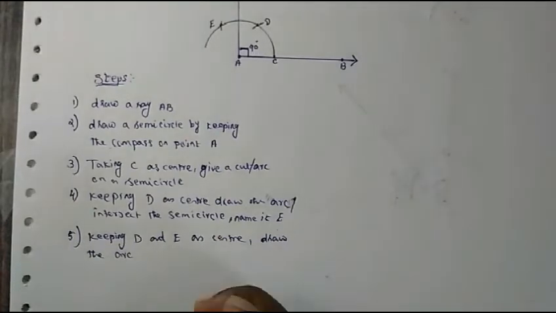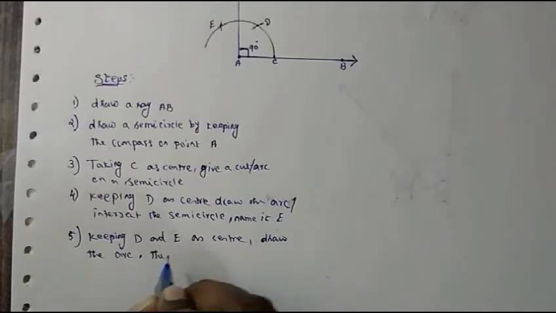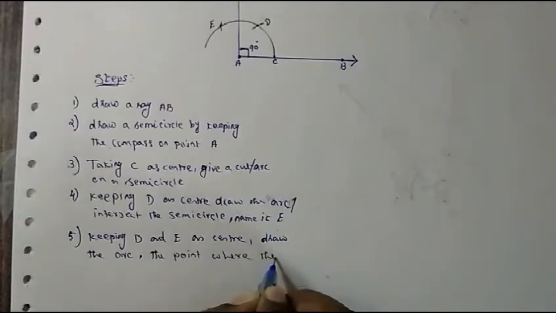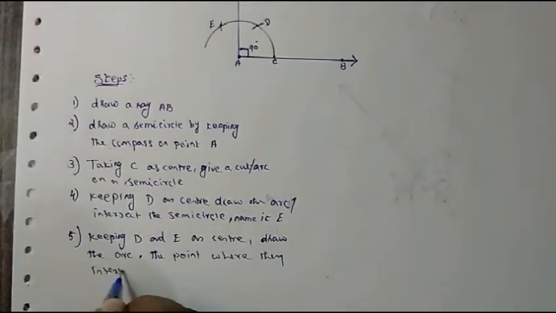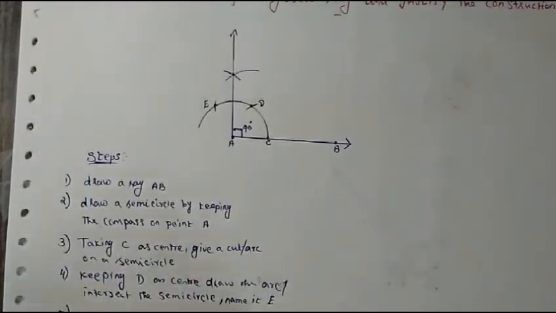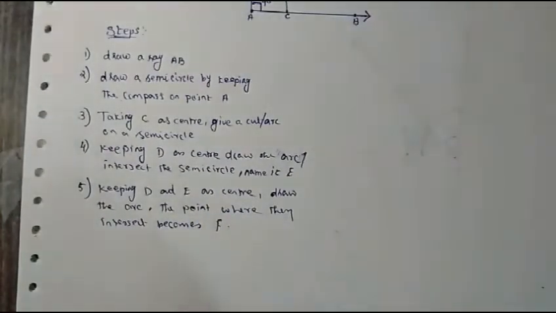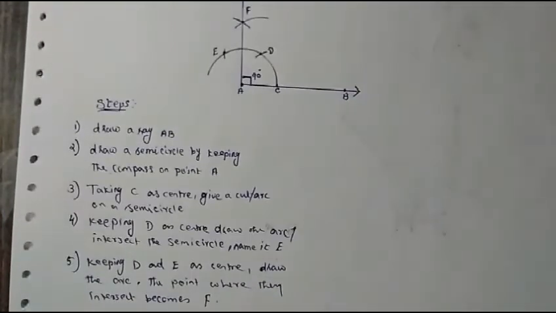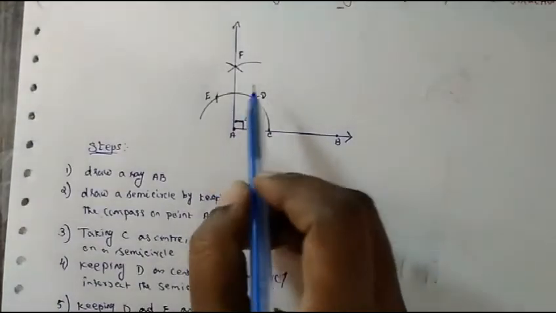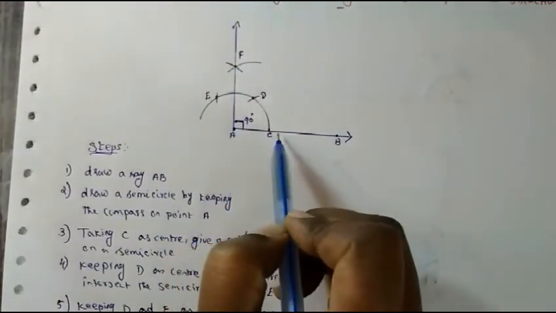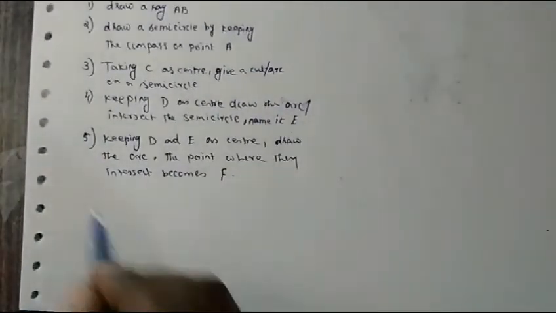Keeping E and D as center, we drew the arc, and the point where they intersect, you can give any name, becomes F. So thus we are getting angle FAC becomes 90 degree.